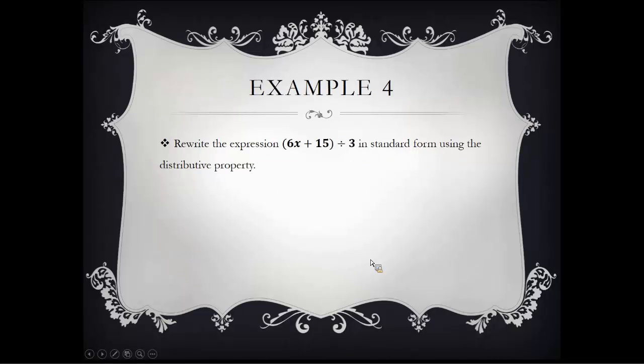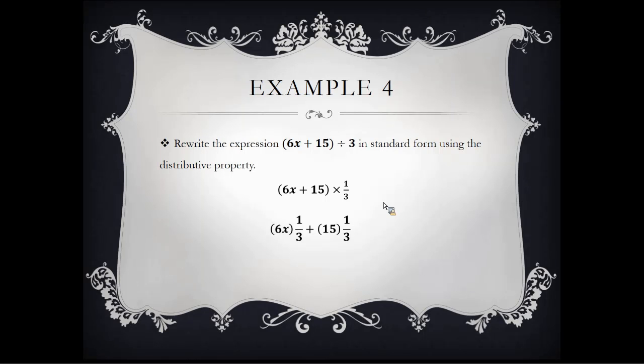Let's continue on to example 4. For example 4, we want to rewrite the expression in standard form using the distributive property. So first, we want to rewrite it as a fraction. So we change the division symbol to multiplication, and 3 becomes 1/3.